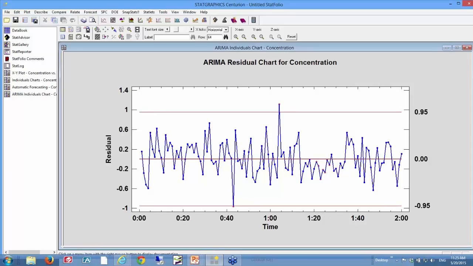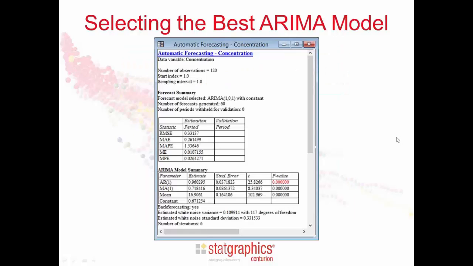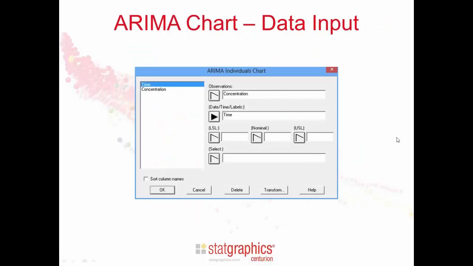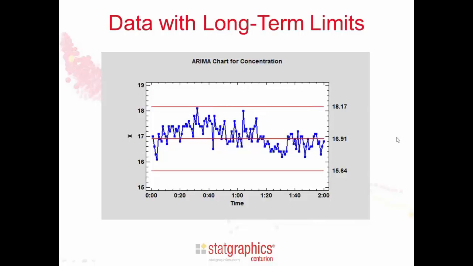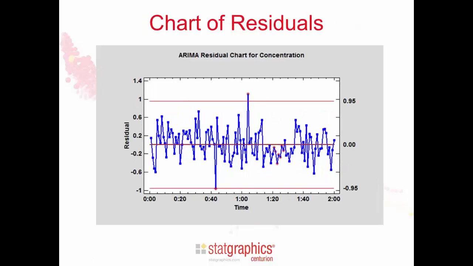Well, that's a very interesting chart, very useful chart, if in fact you have data which are not independent. And there's a lot of data where successive observations, particularly when they're taken close together in time, are not independent.